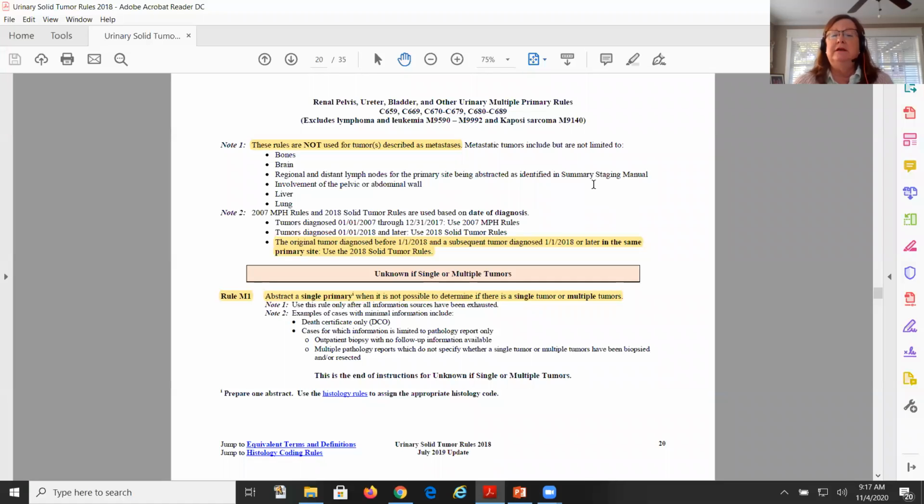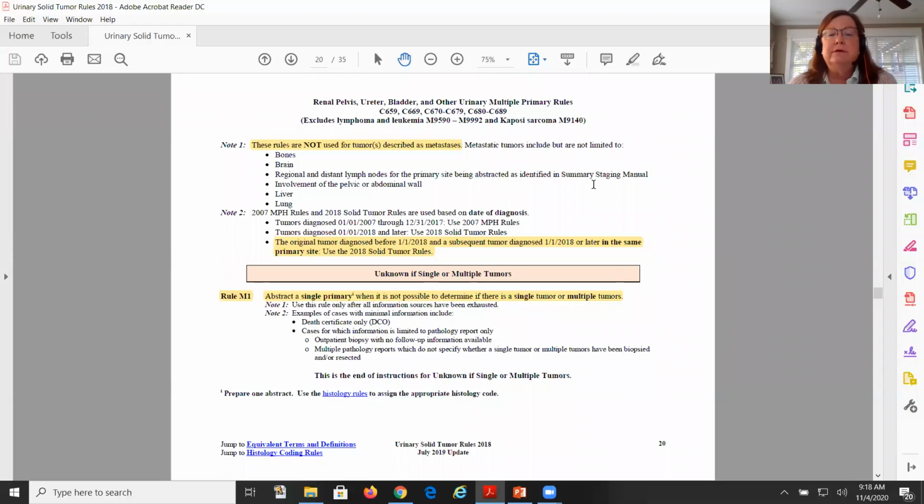Also, if you have a scenario where you have multiple tumors and one tumor was diagnosed prior to 1/1/18, and a second tumor is diagnosed after 1/1/18, and you need to make a decision as to whether that second tumor is a new primary or not, then you would use these rules to help you make that decision.